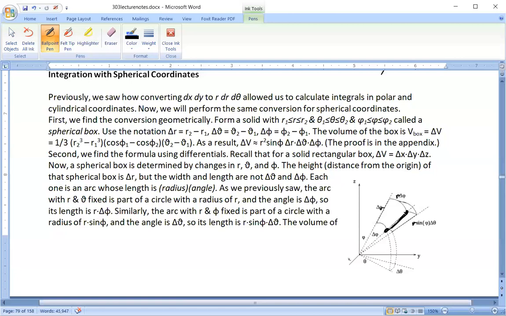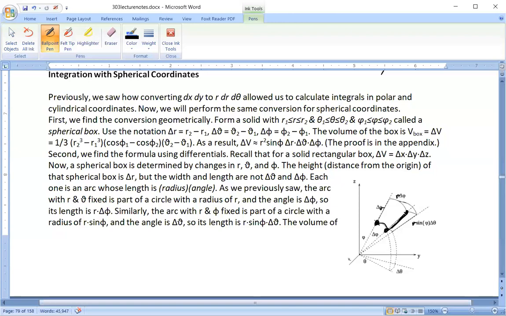That arc comes from going from here to here. That arc is part of a circle of radius r, technically r1. And the angle is delta phi, therefore the length of that arc is r times delta phi.